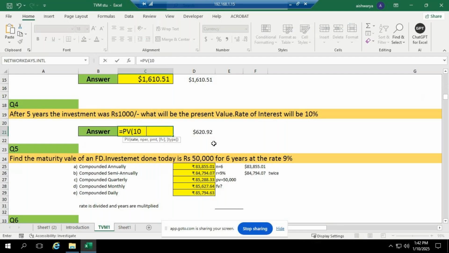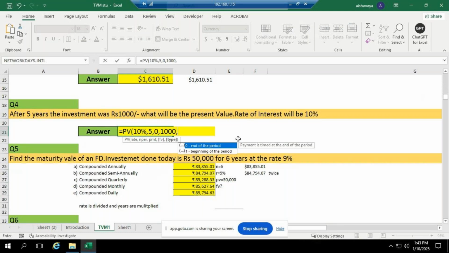Then comma number of periods: 5 years. Then comma PMT is 0. Then comma future value, 1000. Is that minus 1000 or plus 1000? Correct, plus 1000. Then comma type.